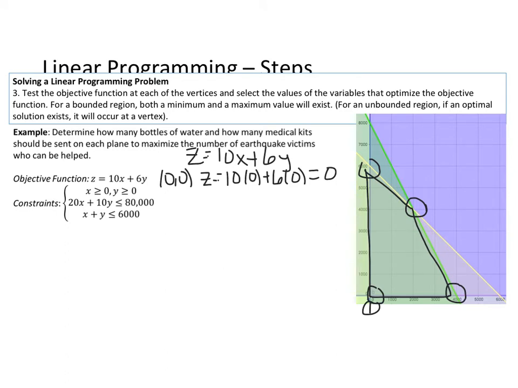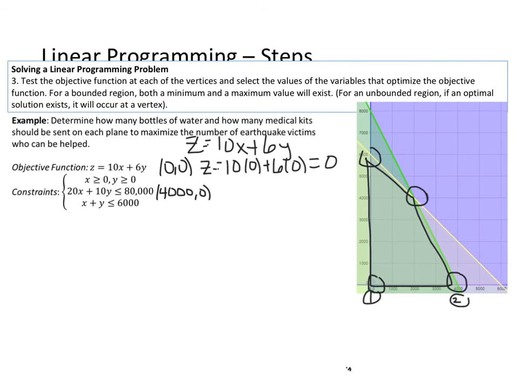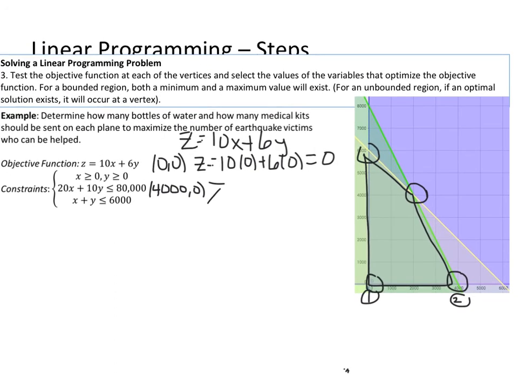The next ordered pair looks like we have 4,000, 0. So we only need to do the x-coordinate. So 10 times 4,000 is 40,000.